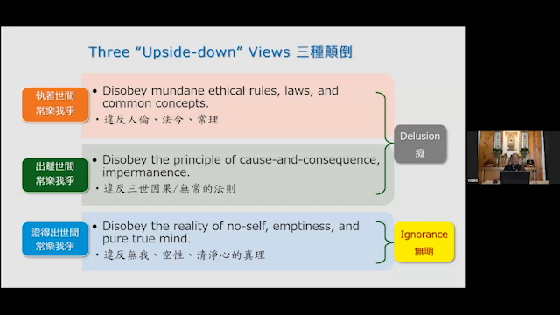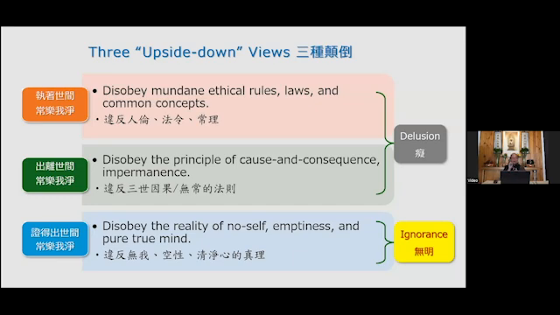Okay, so that's called ignorance. It is a translation. Actually, it's called Wu Ming, which means no luminosity.